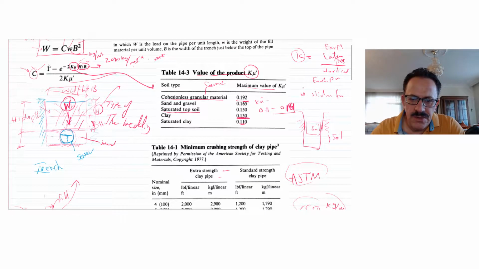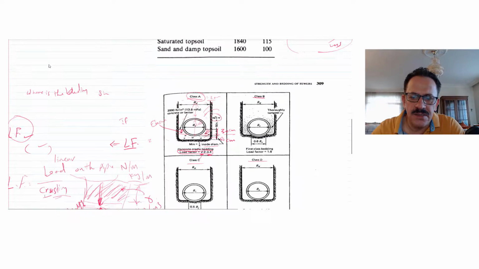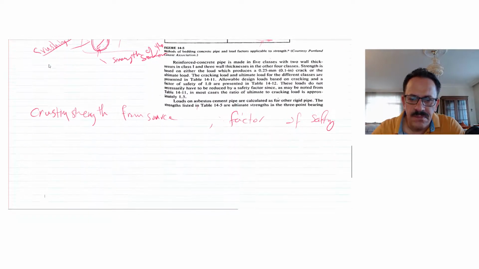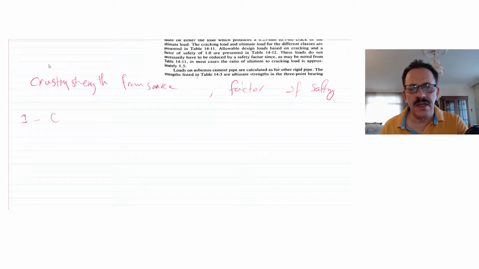Now I will summarize all the given materials as in the following. So first of all, we have the classes of sewer bedding.